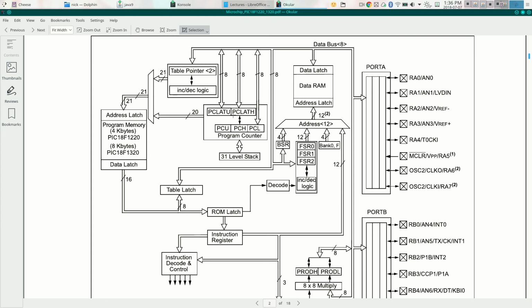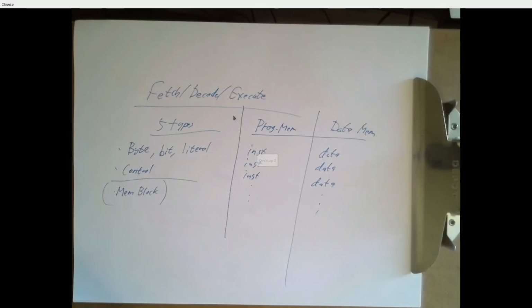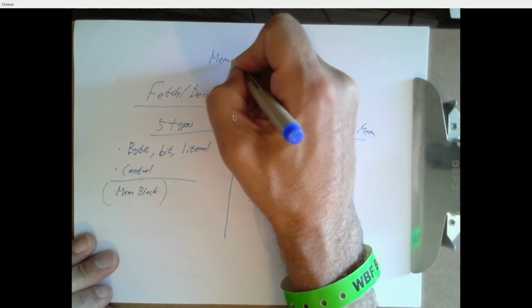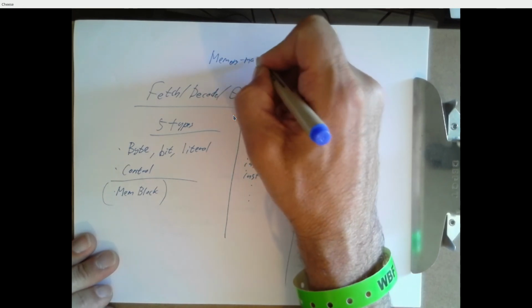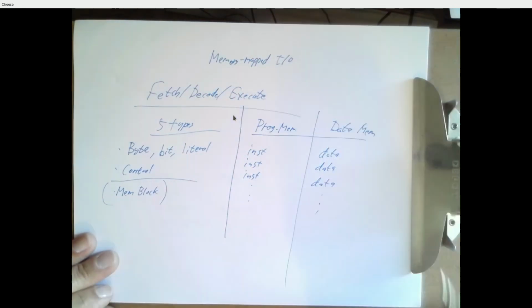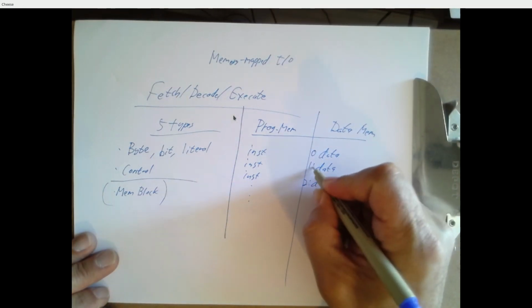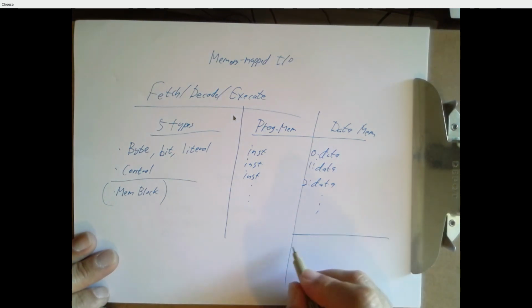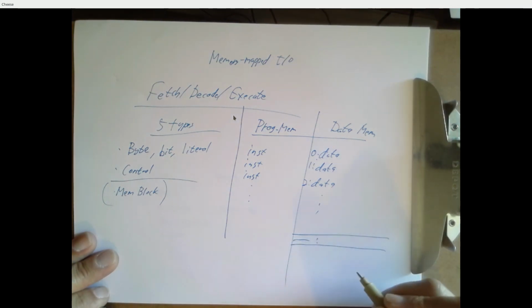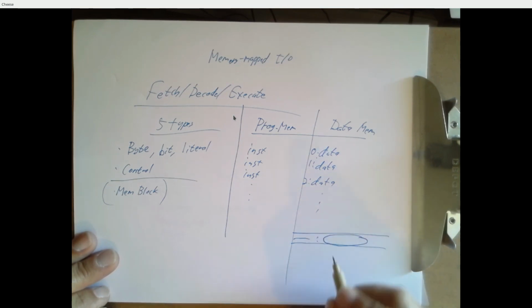How do we do things like turn on an LED? How do we read a value from a switch and use that to change the contents of data memory? So we use a technique called memory mapped I/O. Here's the setup. In our data memory, remember data memory is addressed, so there are different locations for each piece of data. But there are some locations where we look like we're addressing some location in data memory, but in fact, this is some sort of I/O port.